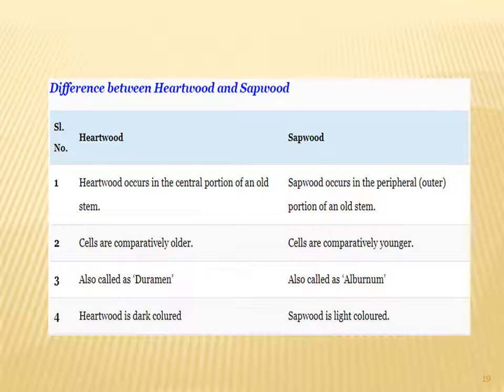Cells of the heartwood are comparatively older, while cells of the sapwood are comparatively younger. Number 3. Heartwood is also called duramen, while the sapwood is also called alburnum. Number 4. Heartwood is darker in color, while the sapwood is light in color.